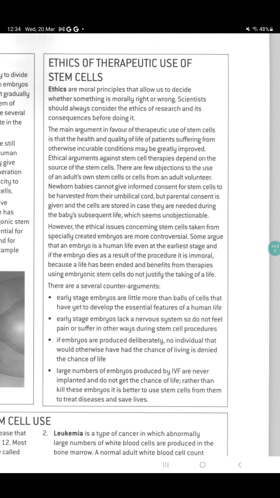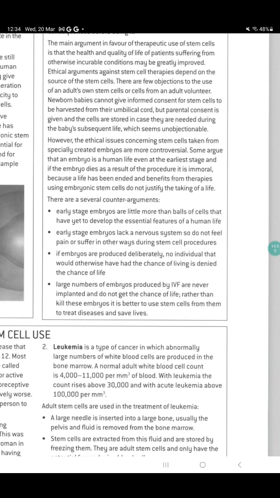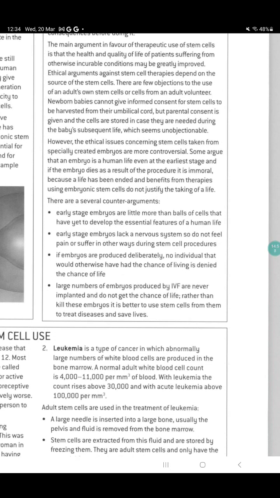Now there are certain counter arguments. Early stage embryos are little more than balls of cells and they have yet to develop the essential features of a human life. And if you extract a few stem cells from there and disturb the normal pattern of the cells, the embryo can become malformed in future, because the embryo is just a ball.